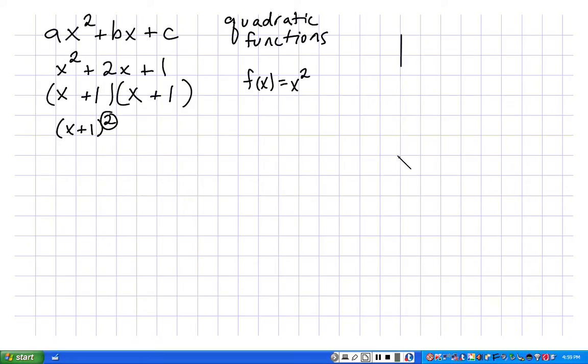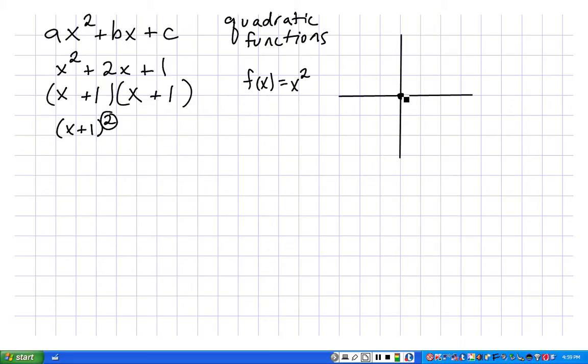So I have a graph. I want to graph this. So f of x equals x squared.